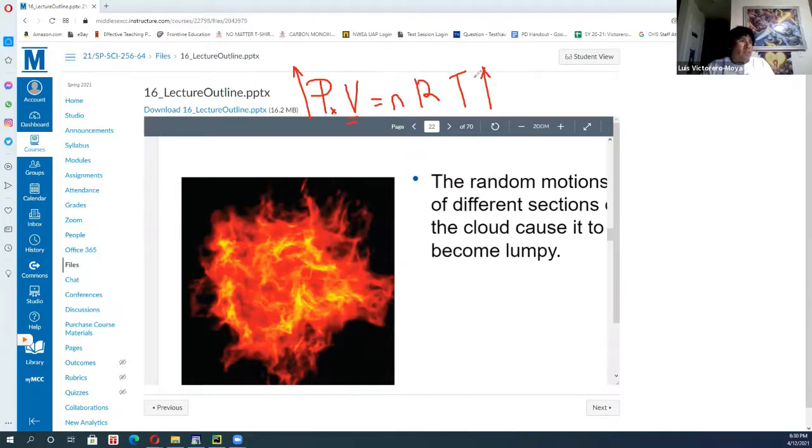And if the temperature goes up, these become larger and larger, right? The random motions. In gases, we call it the root mean square speed of particles in a gas. That is proportional to the temperature of the gas. All right, the kinetic energy of particles.